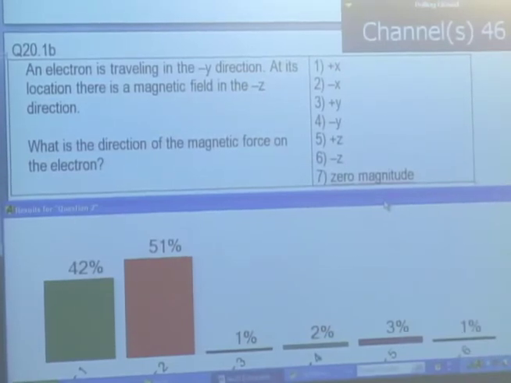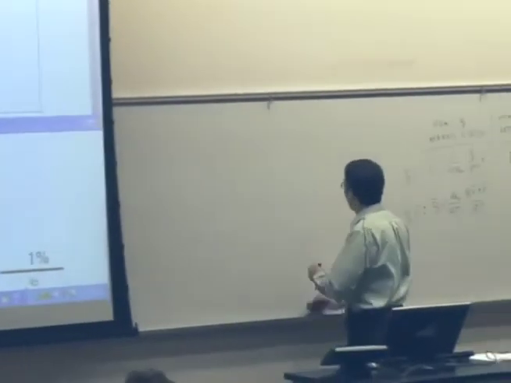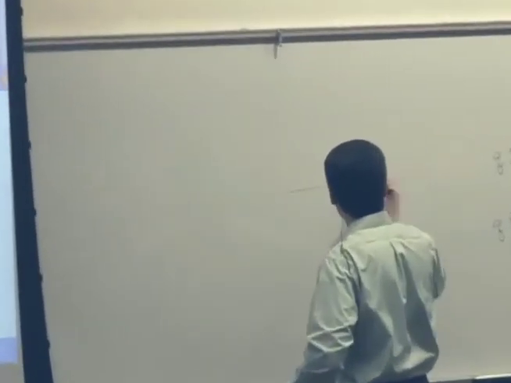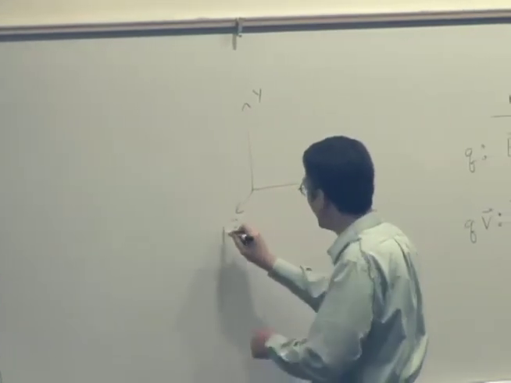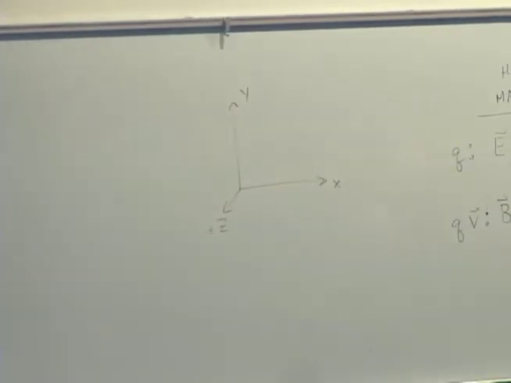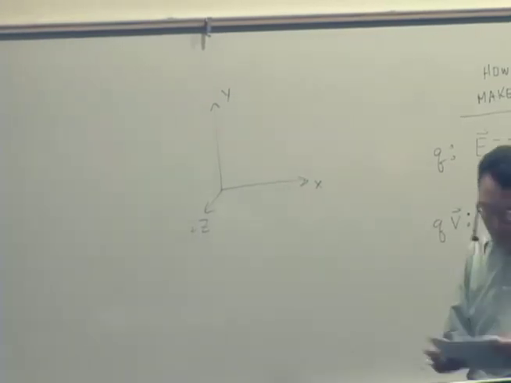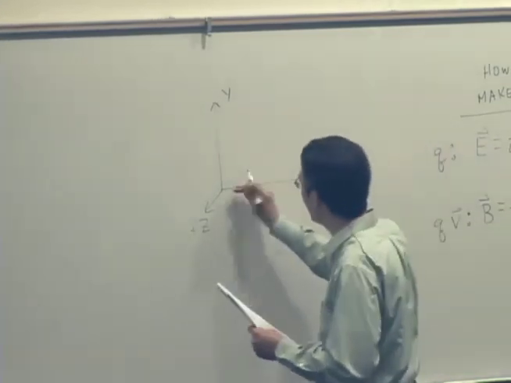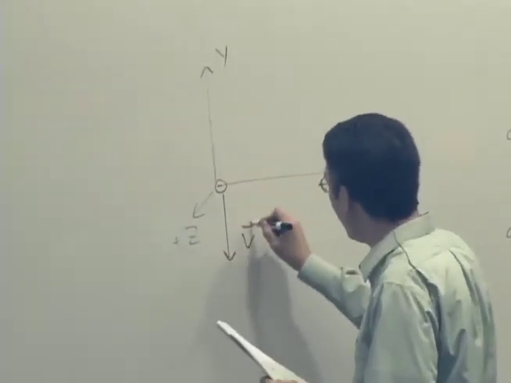We have X and Y and Z coming out towards us, positive Z. So if I have an electron moving in the negative y direction, here's the electron, and its velocity is that way.